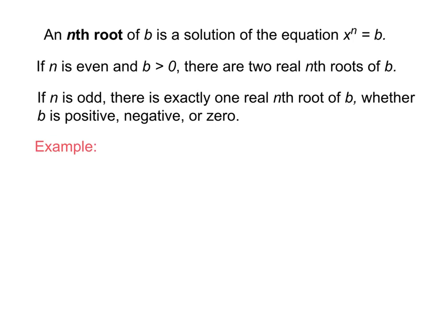Alright, so let's look at some examples now and hopefully explain what we just talked about. Let's say we've got the fourth root of 81, okay? In this case, n is even and b is greater than 0, so we have two answers here.